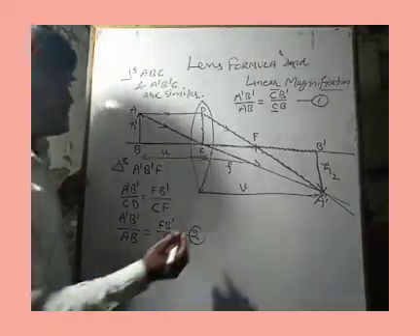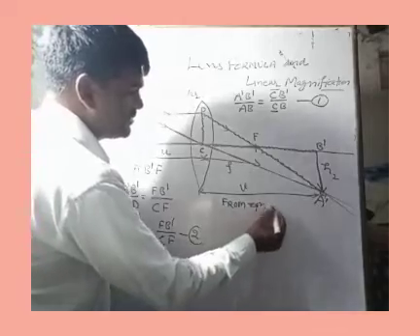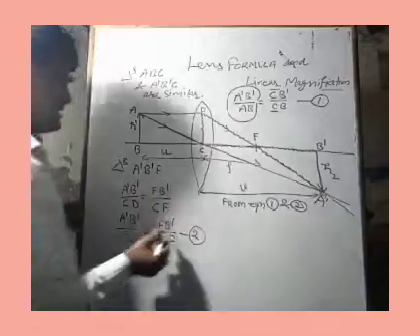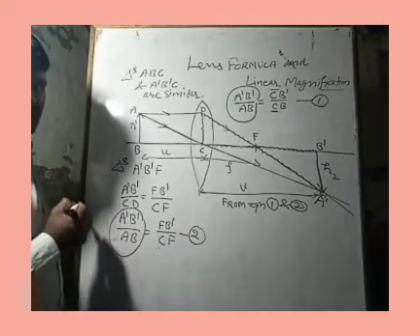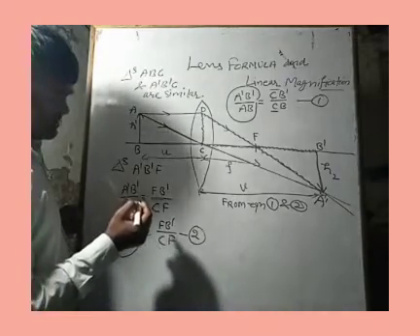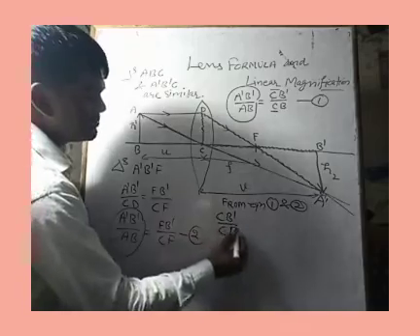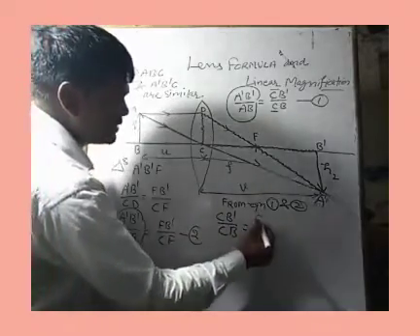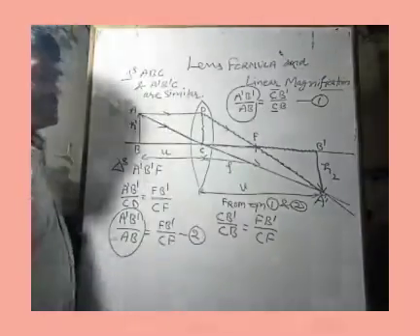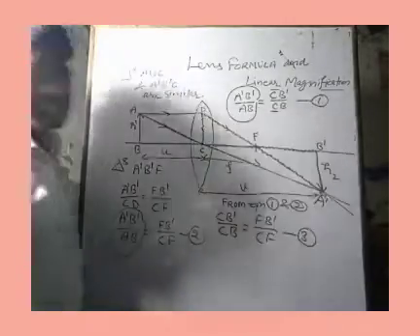Now from equation 1 and 2, the left hand side of both the equations is the same. Hence we can conclude that CB dash by CB will be equal to FB dash divided by CF, such that we have reached equation number 3.